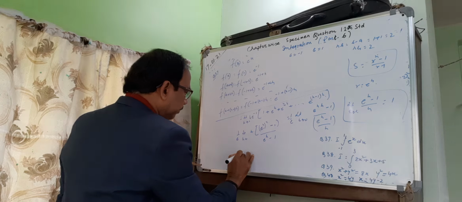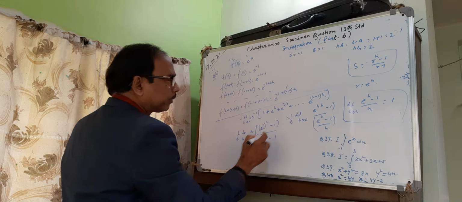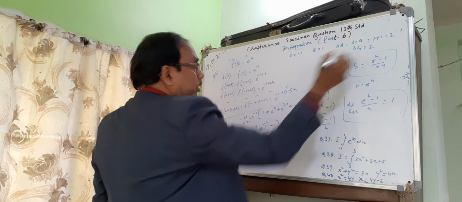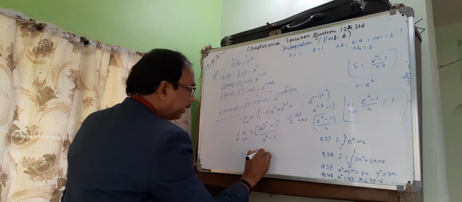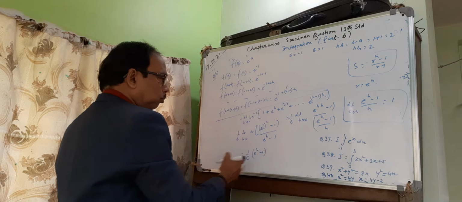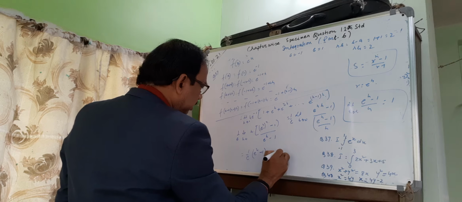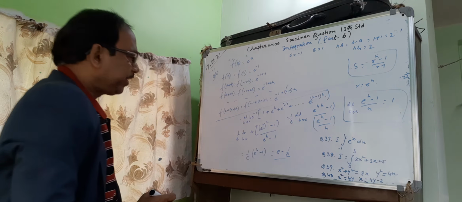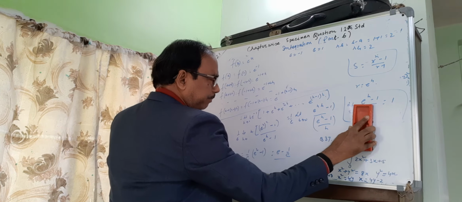So here that is 1 by e, e to the power nh value is e squared minus 1. Taking the limit, that is (e squared minus 1) by e is the final answer of the sum. Okay, sum number 37 finished.